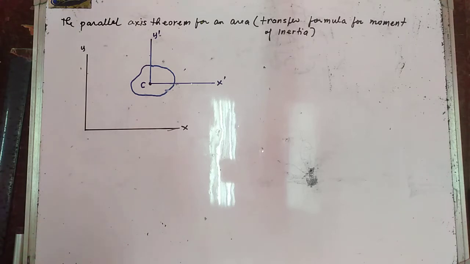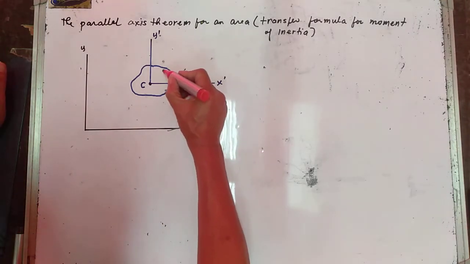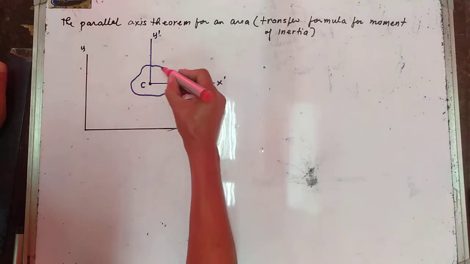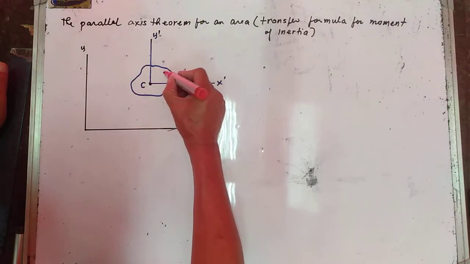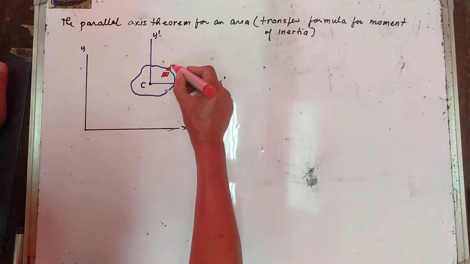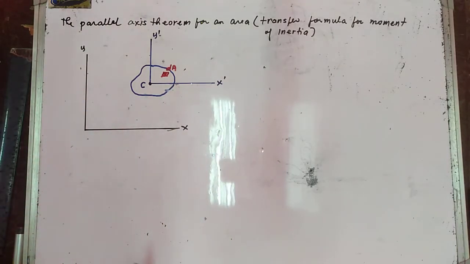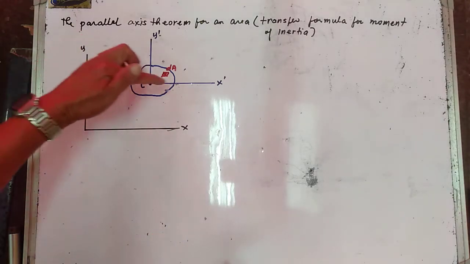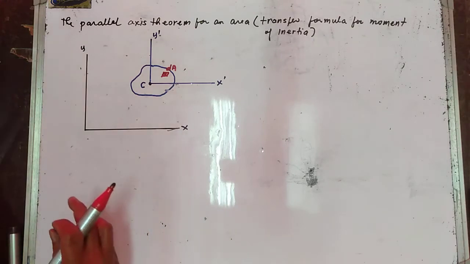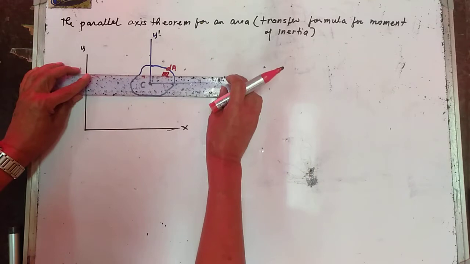Now again, let us consider a differential area of the given total area. If we consider this one as the differential area, it has a differential area dA. Now the distance of this differential area from the centroid of the total area is y prime.